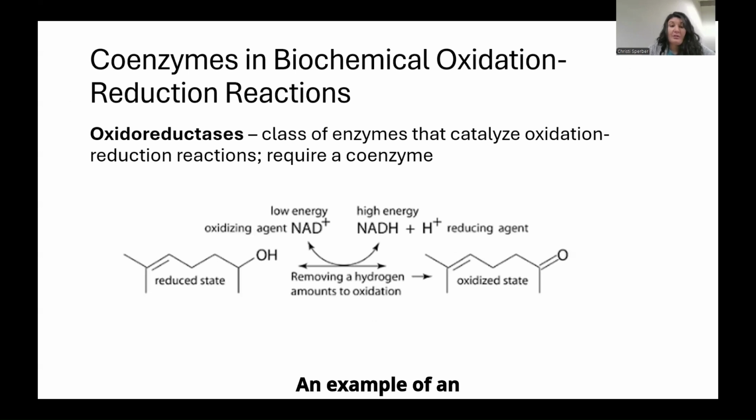An example of an enzyme are oxidoreductases. Those are the class of enzymes that catalyze oxidation reduction reactions, and they require a coenzyme.